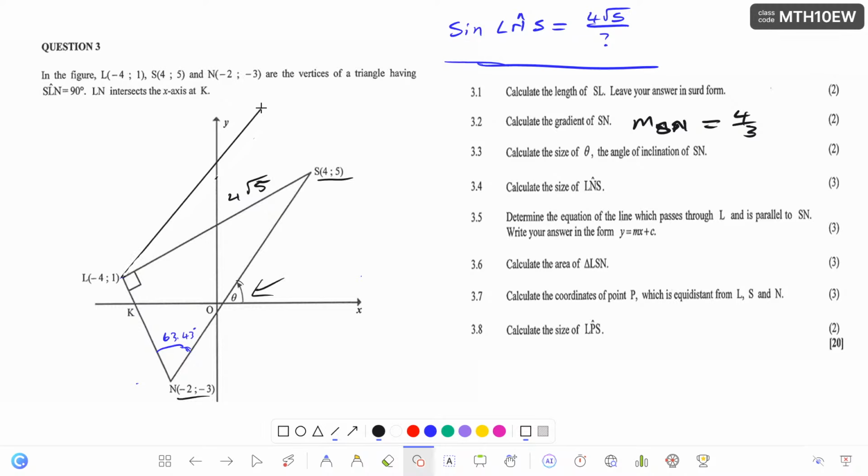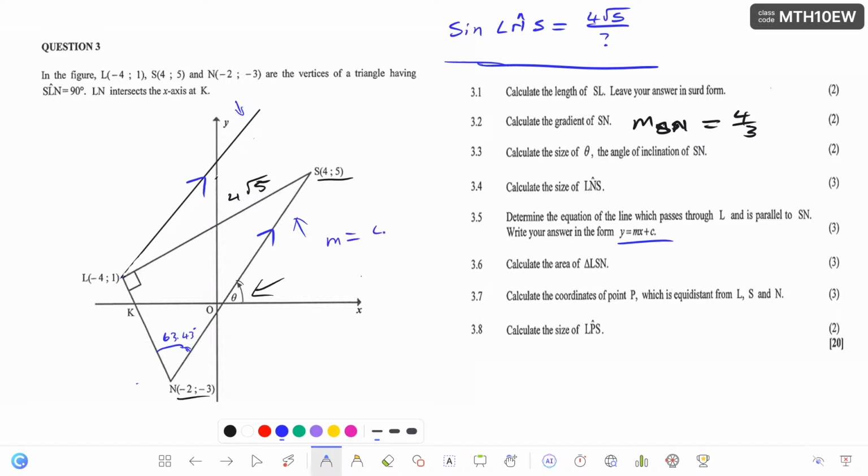Let's say this is the line. And we are told that this line is parallel to this line. So in order to write the equation in the form y is equal to mx plus c, we need to know the gradient of this line.